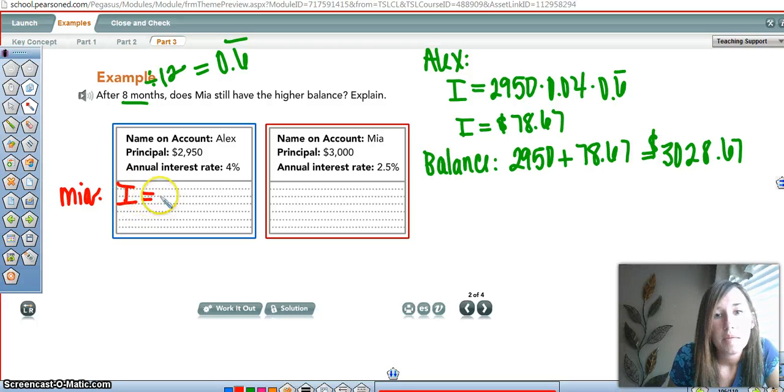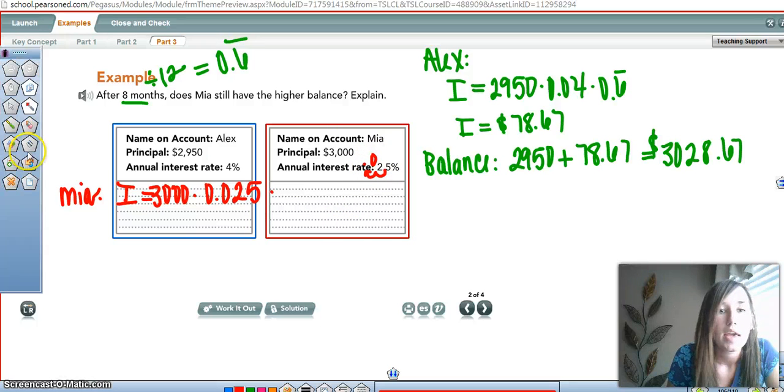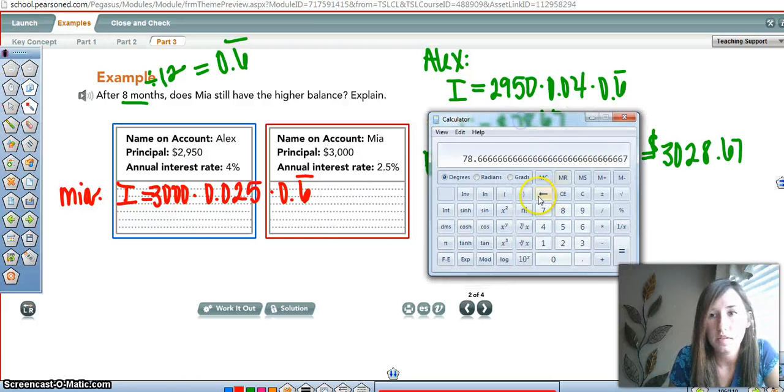Her interest would be calculated with her principal, which she actually started with more money, but she has a lower interest rate, 0.25. We would use 2.5%, moving the decimal 2 times. And for the same amount of time, so 8 out of 12 months. Okay, so let's try this.